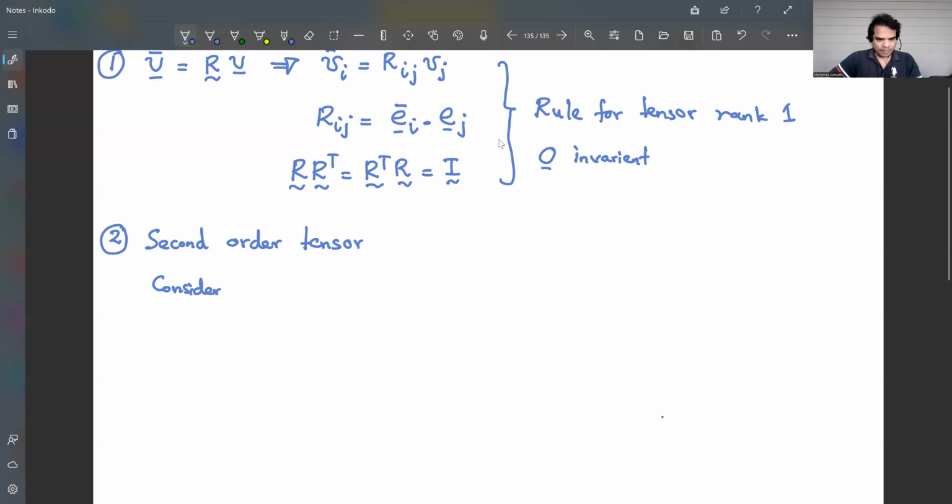Let me check which notation I used. I have taken M, so I will use the same. In index notation it is Mij. This matrix relates two vectors.